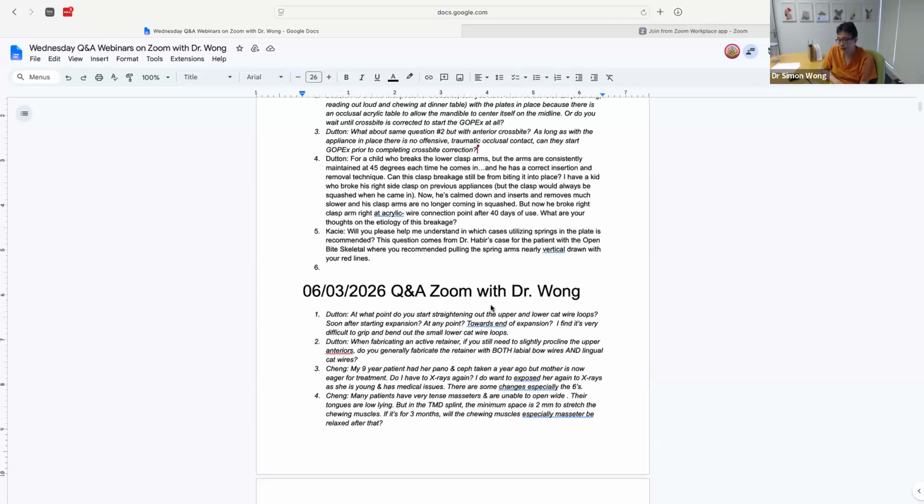So skeletal open bite cases in the mixed dentition can be managed by changing the permanent dentition occlusal plane. So an open bite skeletal pattern will often have contacts in the molars, but an anterior open bite.